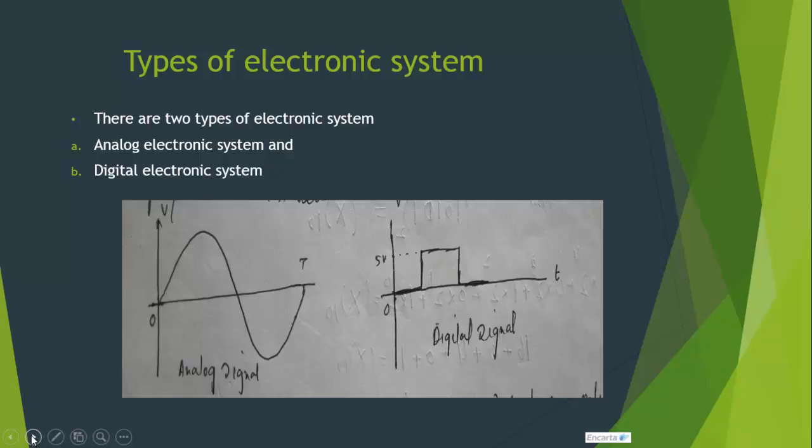If such a signal is applied to the input of the transistor, the output voltage will also vary sinusoidally. This is the analog operation, that is, the output voltage can have an infinite number of values. Due to the many valued output, the analog operation is less reliable.